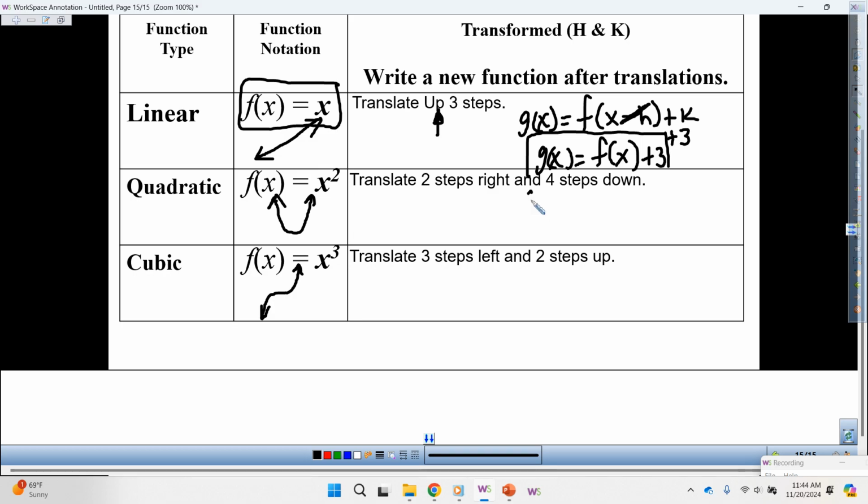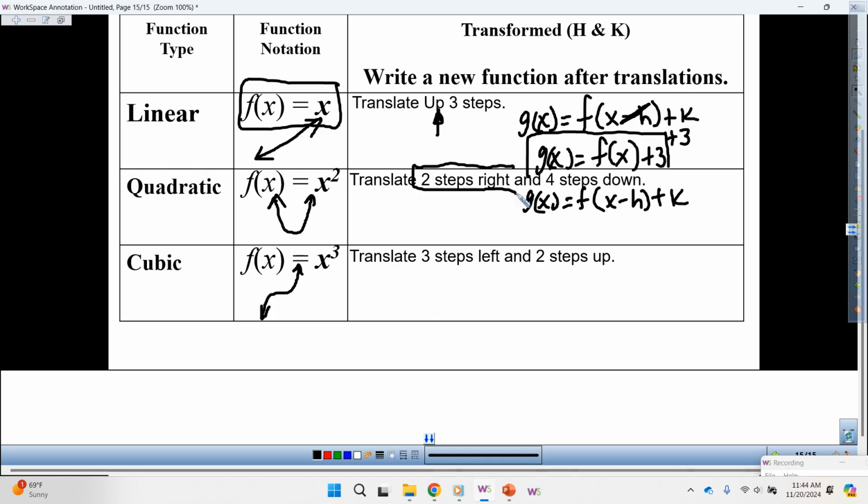Here we go. We start off with g of x equals f of x minus h plus k. And it says, translate 2 steps to the right and 4 steps down. Talk to your neighbor. Let them know what you're going to substitute and where. 2 steps to the right, 4 steps down. All right? So, 2 steps to the right.